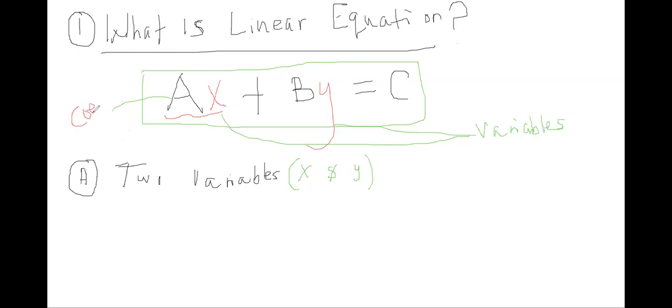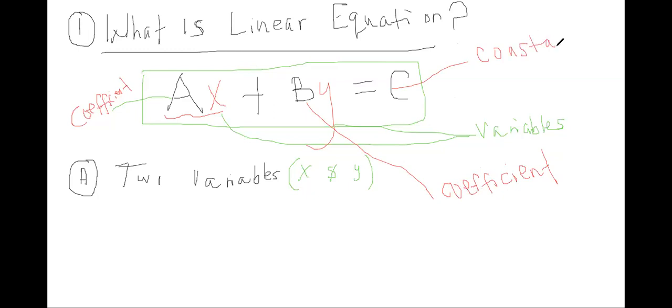A is the coefficient of X. The second term within this equation is BY. The y is the variable, and the b is the coefficient. The C term of the equation we call the constant.